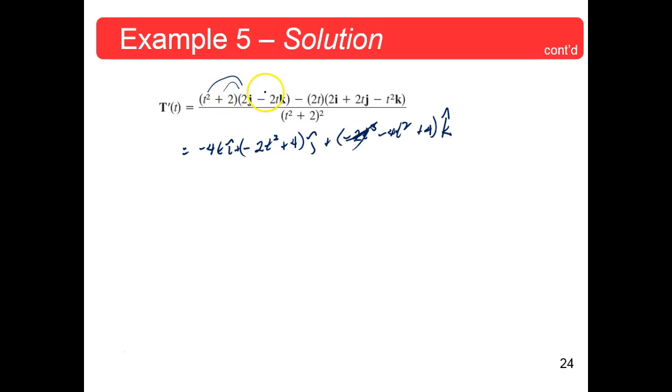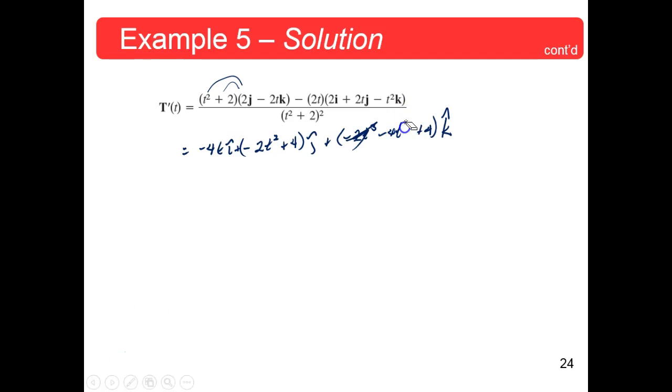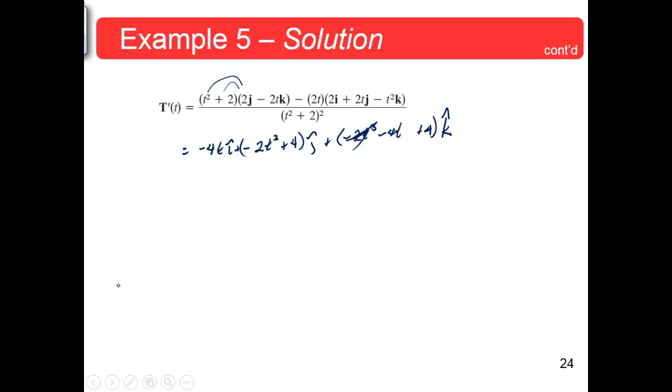Plus or minus 4tk, so I think that's the minus 4tk. Okay. I think I was getting myself completely lost here. And there's no constant term with k.